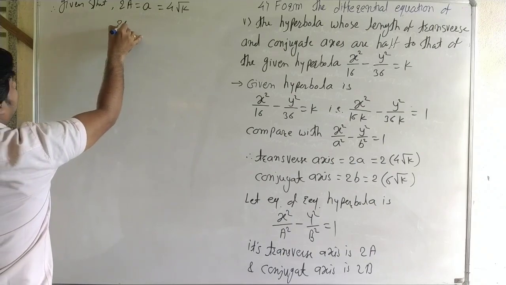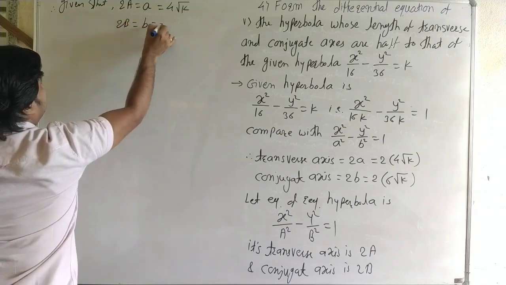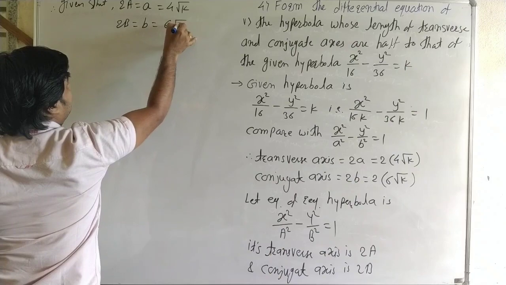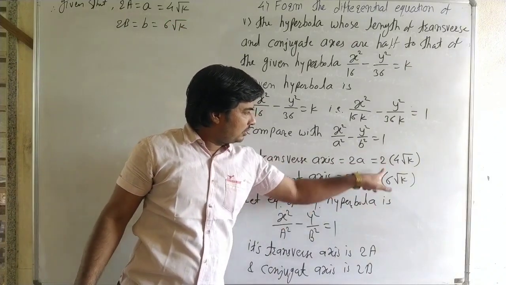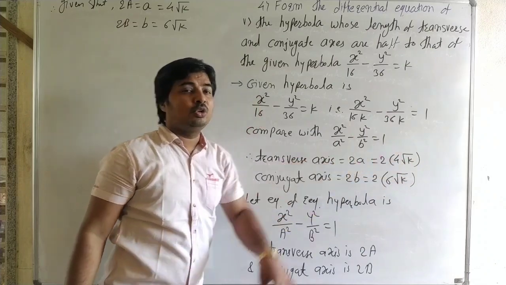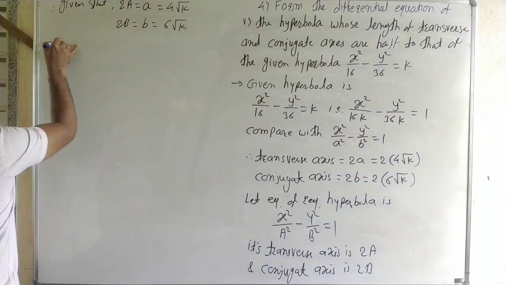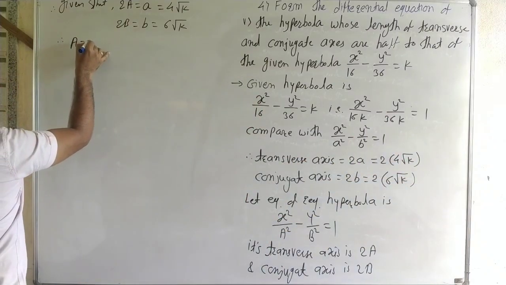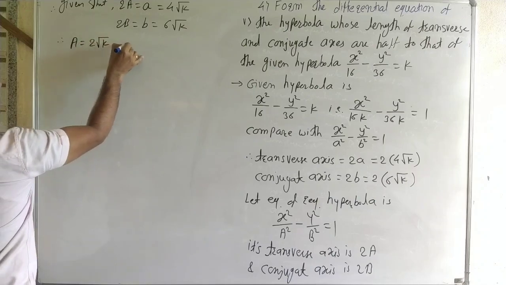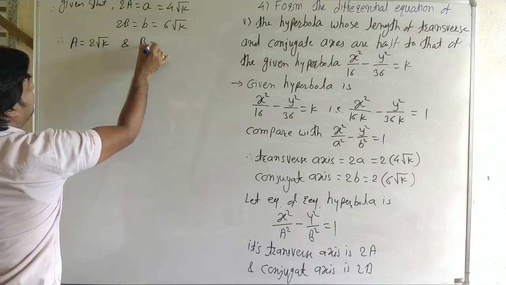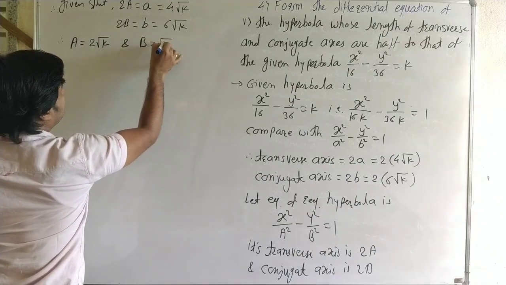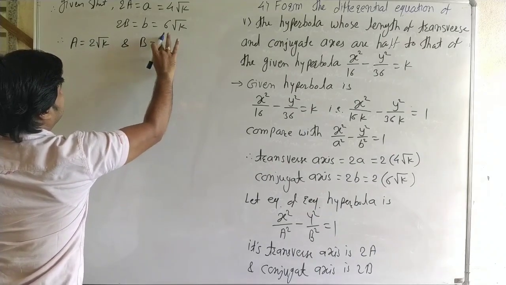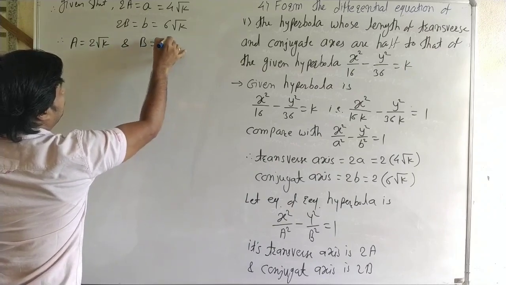And 2B is equal to half of b, therefore it is 6 under root k. Okay, here 2A is equal to half of this, that means 4 under root k, and therefore we write capital A is equal to 2 under root k and capital B is equal to 3 under root k.